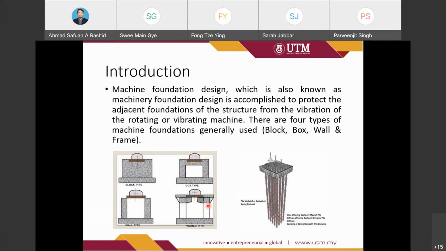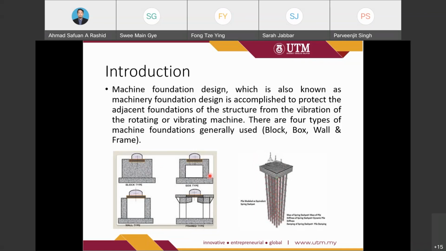Actually, I will not go through in detail the difference between each type of machine foundation. This type of machine foundation can either rest on a shallow foundation or on a deep foundation. For example, in this one, the machine foundation rests on a pile model.